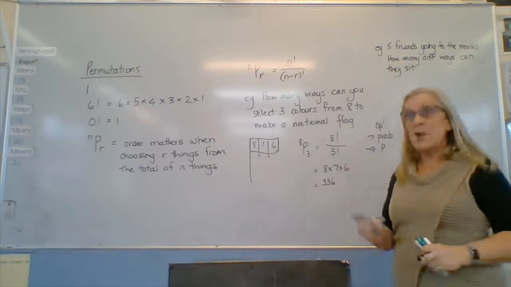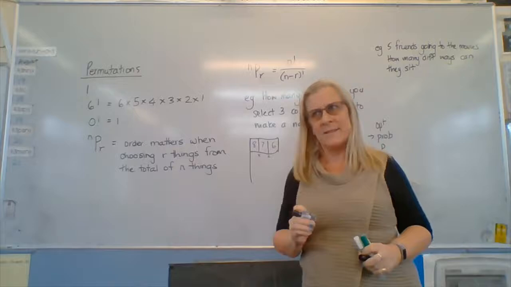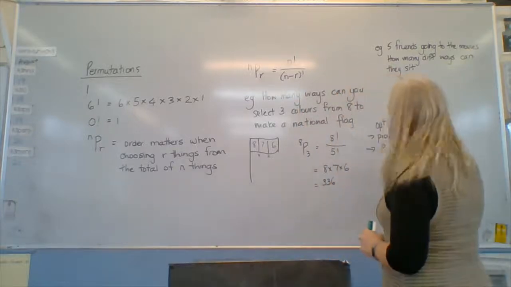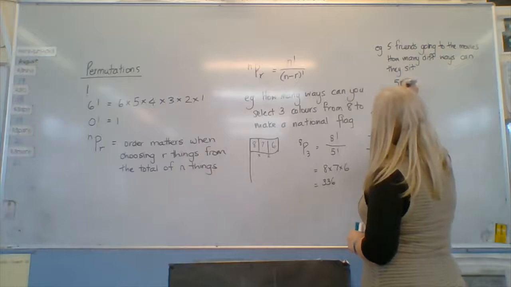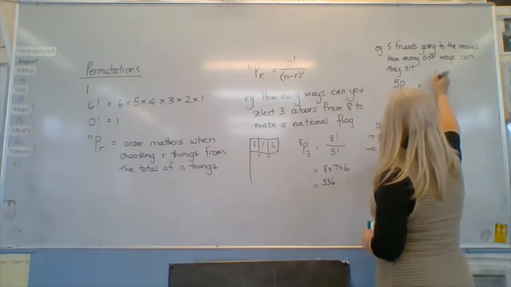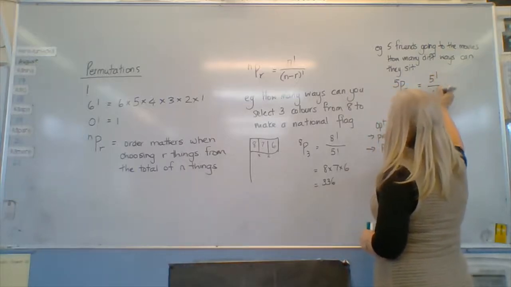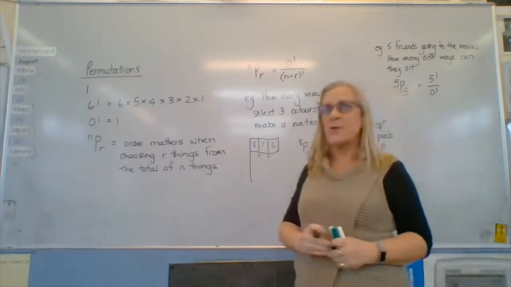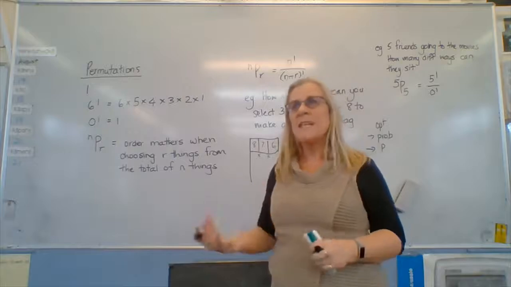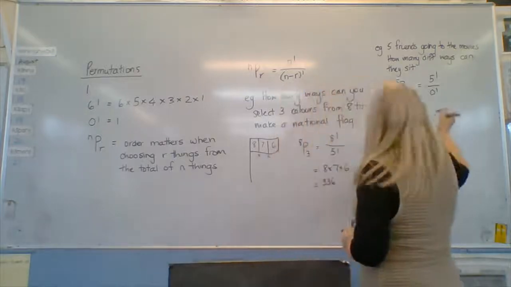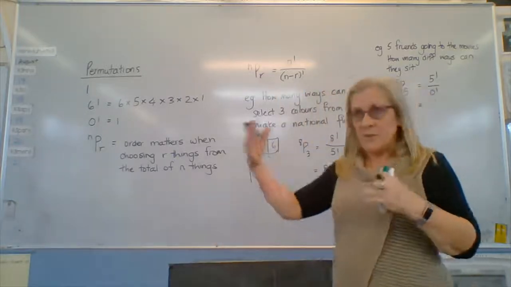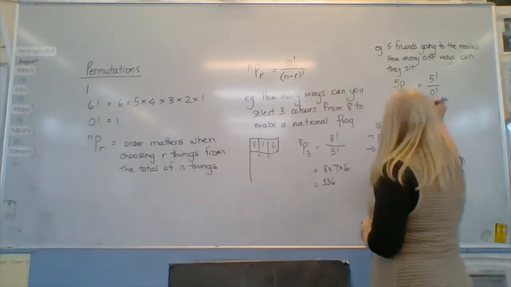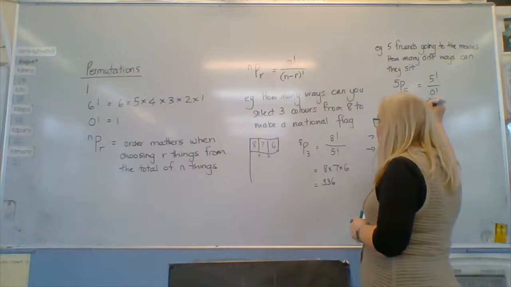It matters who's sitting next to who, doesn't it? So the order in which they sit does matter. So we've got 5P5, which is 5 factorial over 0 factorial. So there's that 0 factorial in play. We need it to be 1. So 5 factorial, 5 for the first chair, 4 for the second, and we know that the answer to that is 120.